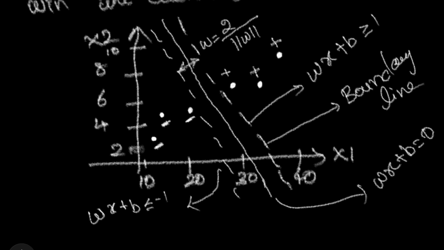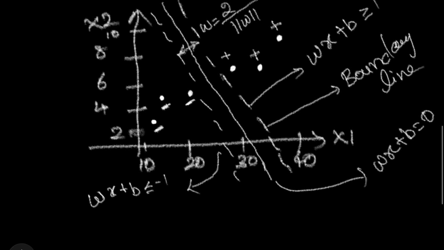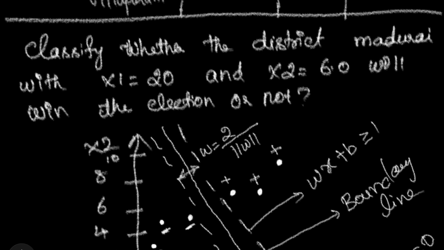Now we have to classify whether the given x1 and x2 wins the election or not. They have given x1, x2 and the district. You have to find whether this wins the election or not. For this, we need the exact equation of the boundary line and the margin lines, so that I have one common equation in which the x1 and x2 values of the new sample can be applied, and we can check whether it goes beyond +1 or falls on the negative margin line.